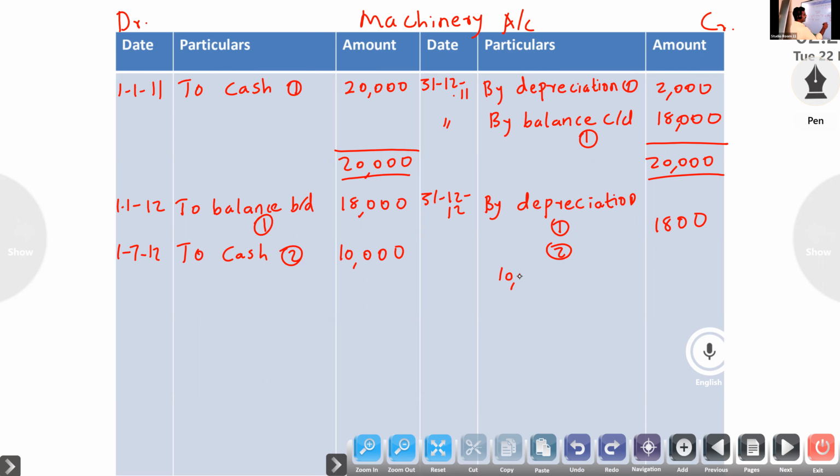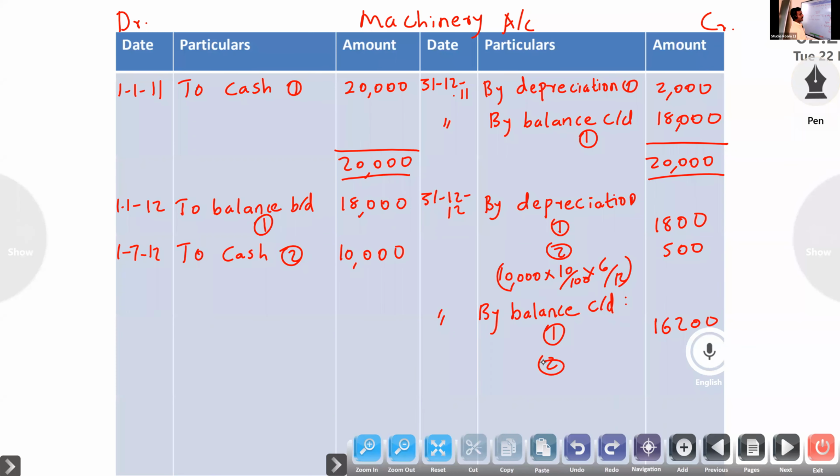It is very important: 10,000 into 10% into 6 by 12, 500. Now by balance carry down, 18,000 minus 1,800, so 16,200.